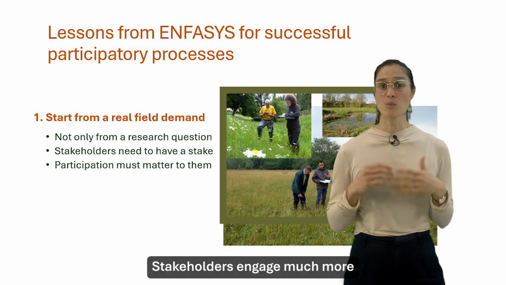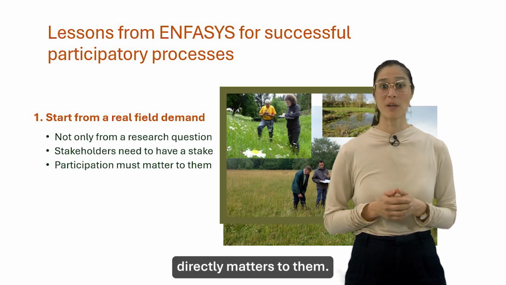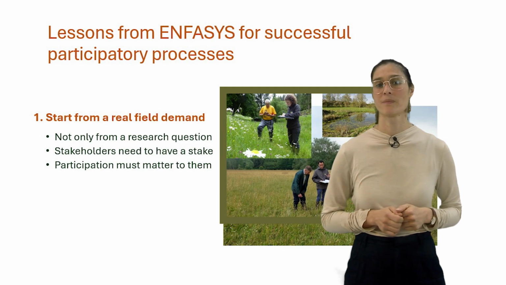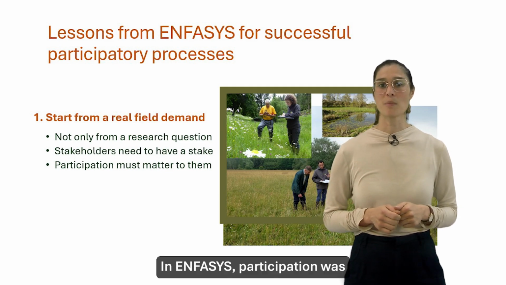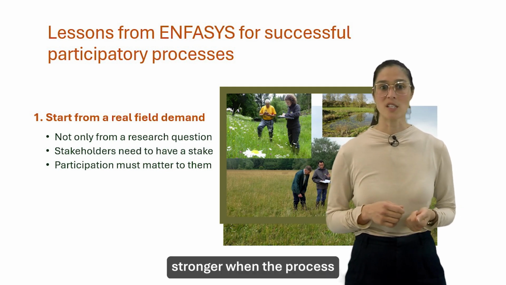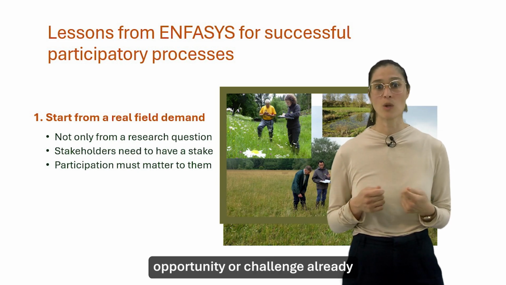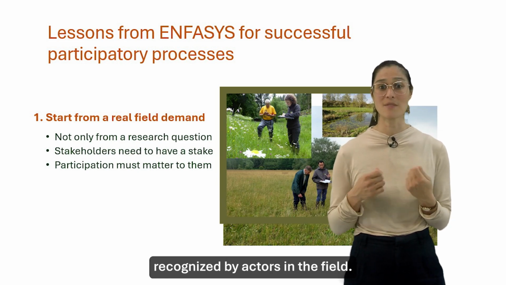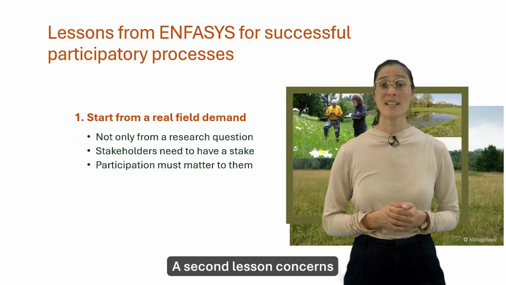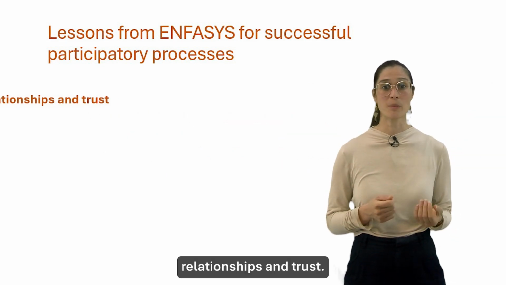Stakeholders engage much more actively when the issue directly matters to them. In ENPhaSys, participation was stronger when the process addressed an existing concern, opportunity, or challenge already recognized by actors in the field. A second lesson concerns relationships and trust.